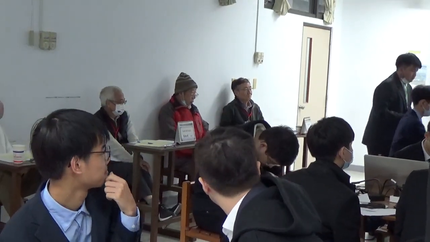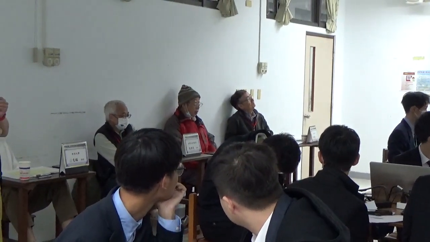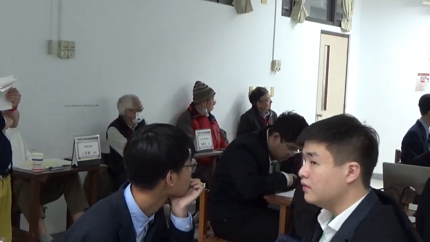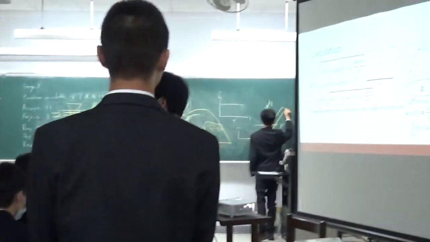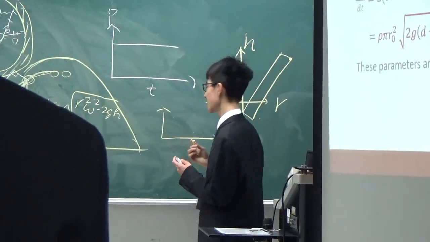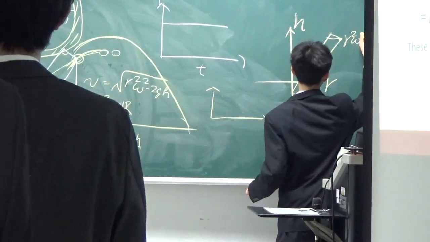Have you ever considered what the minimum rotation speed would be to get the water out of the flow? Yes. This is H and this is R, and according to our calculation, the energy function of water is like this, and R squared omega squared is equal to 2g.